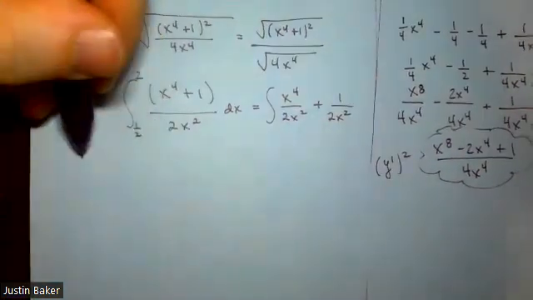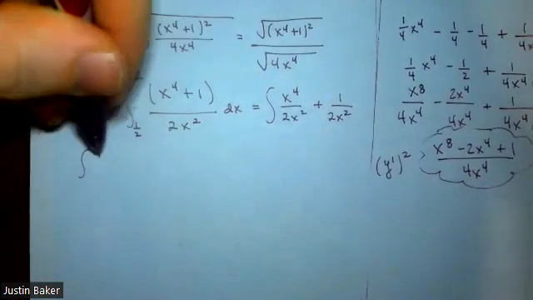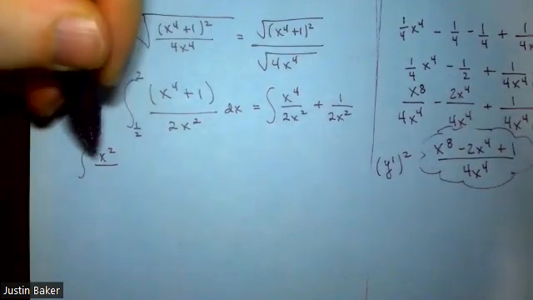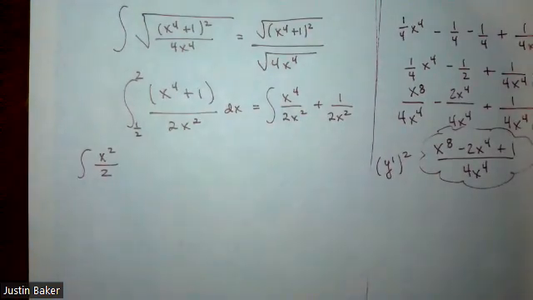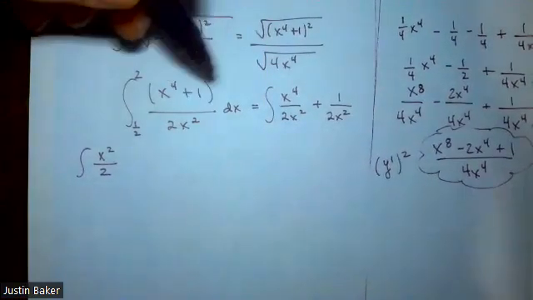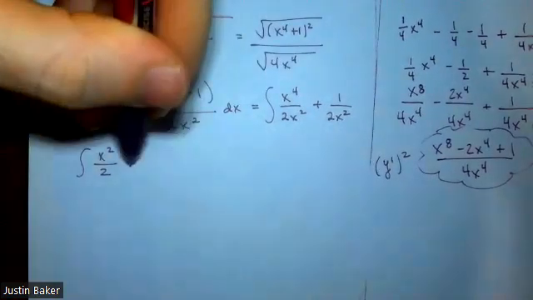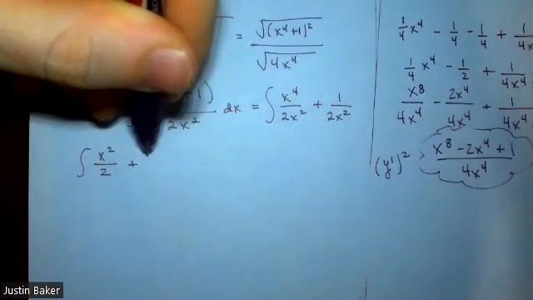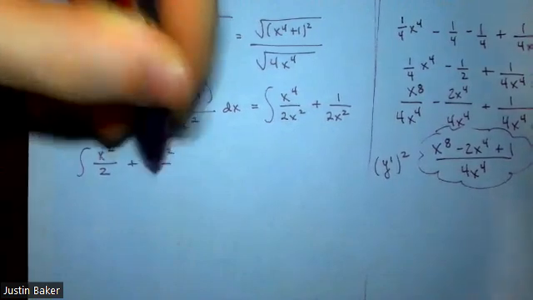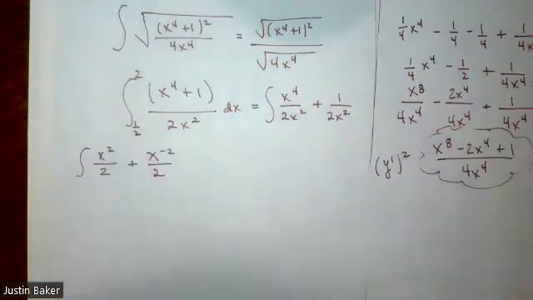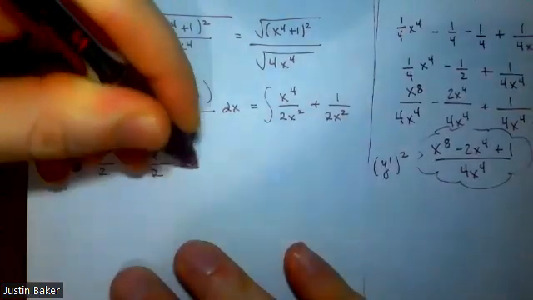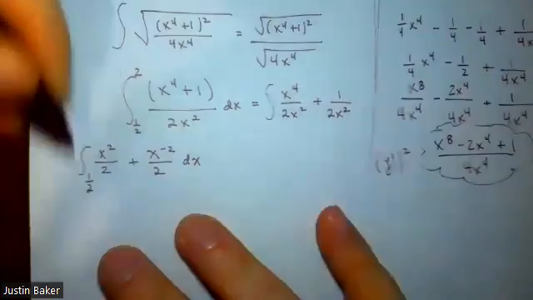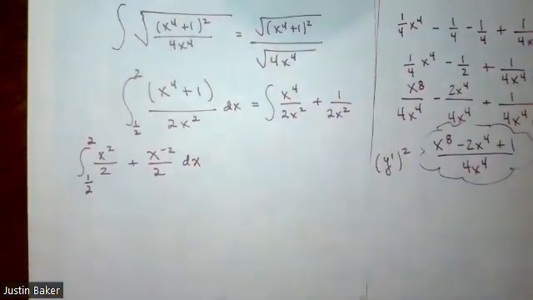And then this is now going to be the integral of x squared over 2. And then the other side, we're going to just call this x to the negative 2 over 2, because in order to integrate that, you have to flip it upstairs, right? dx, from half to 2.